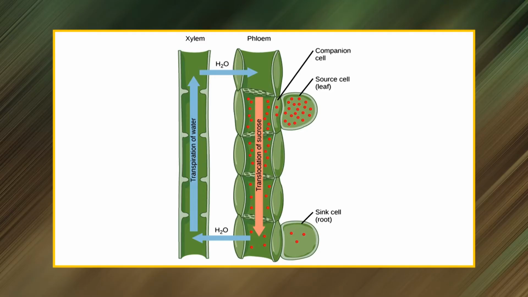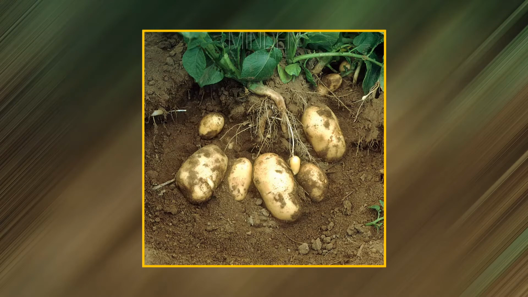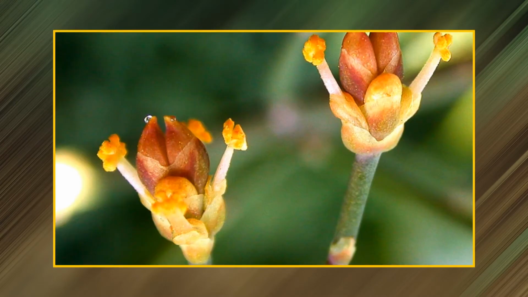The export of photoassimilate through phloem and their delivery to recipient sink cells is the final step in photoassimilate transport from source to sink. Transport into sink organs such as developing roots, tubers and reproductive structures is termed as import.